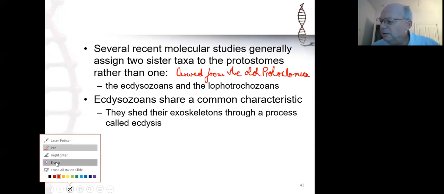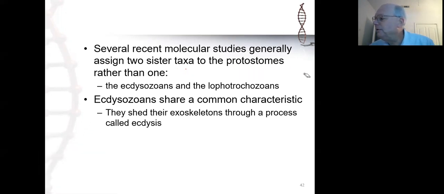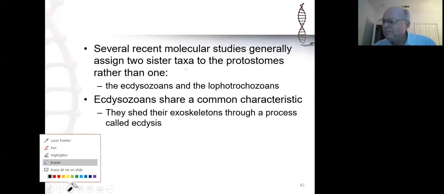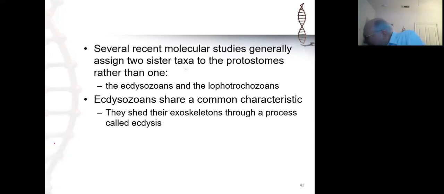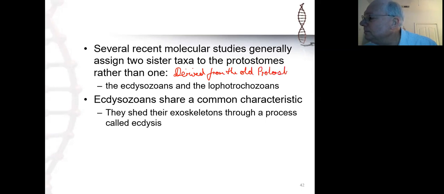That's not very neat. Tough for you to read that, I think. So rather than having a clade protostomia now, no longer valid, we recognize the ecdysozoans and the lophotrochozoans.